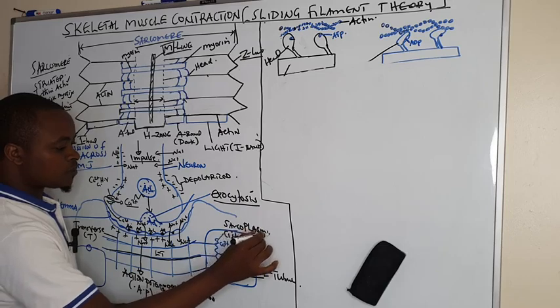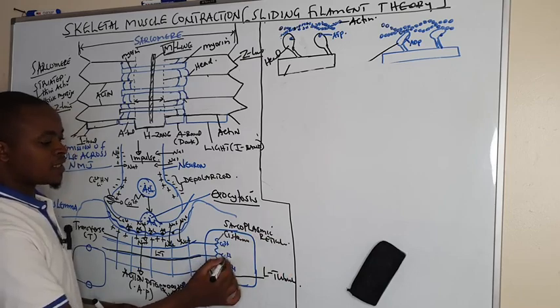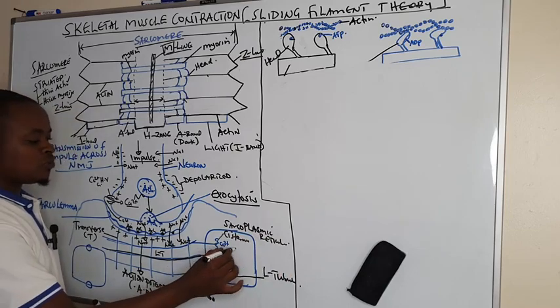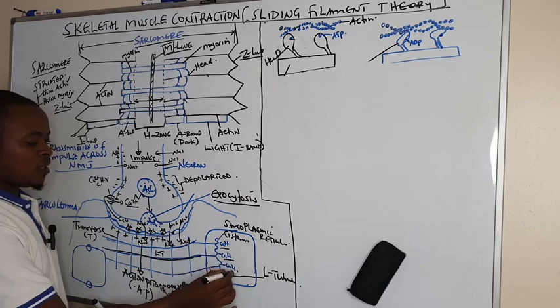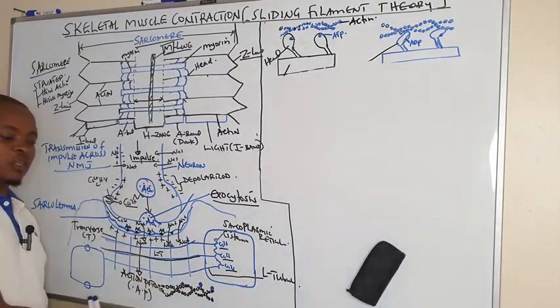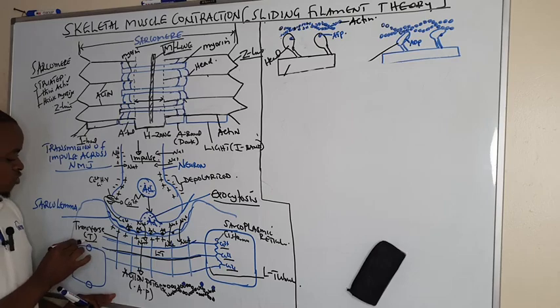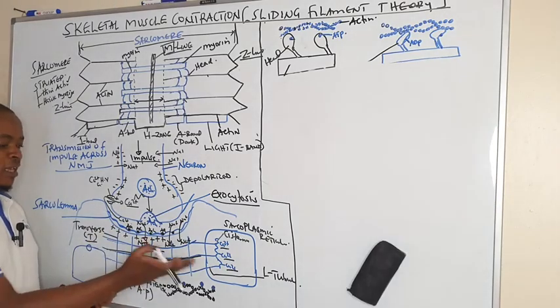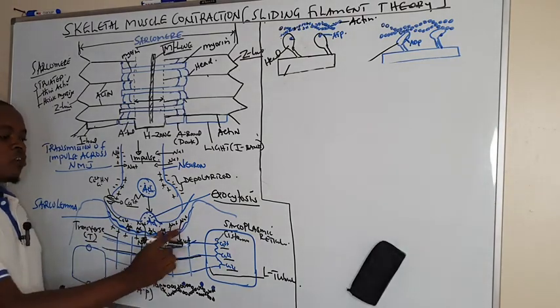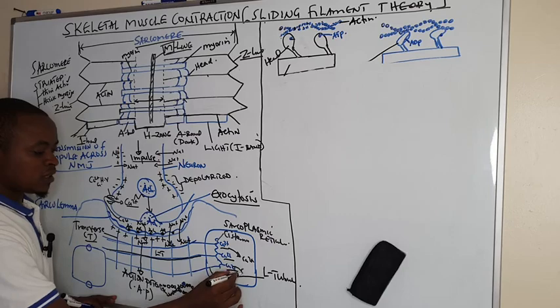And this sarcoplasmic reticulum is rich with calcium ions in the cisterns. So the propagation of an action potential by the transverse or T tubules is going to shake the longitudinal tubules, causing the release of calcium ions from the cistern.